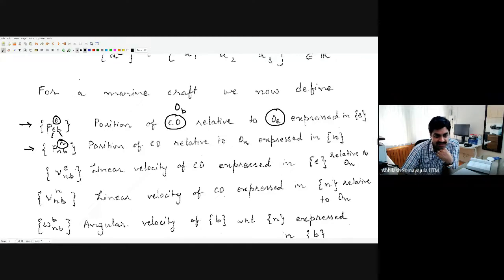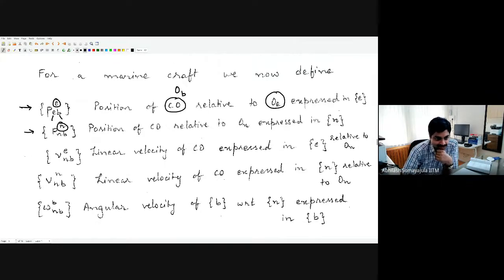Now, in a similar way, we define the velocity also. So VNB superscript E represents the linear velocity of the coordinate origin. We are looking at the velocity of the coordinate origin relative to the point ON. We want to find the relative velocity of OB with respect to point ON, but that vector we are expressing in the E frame. Is everybody following me? Yes, sir.